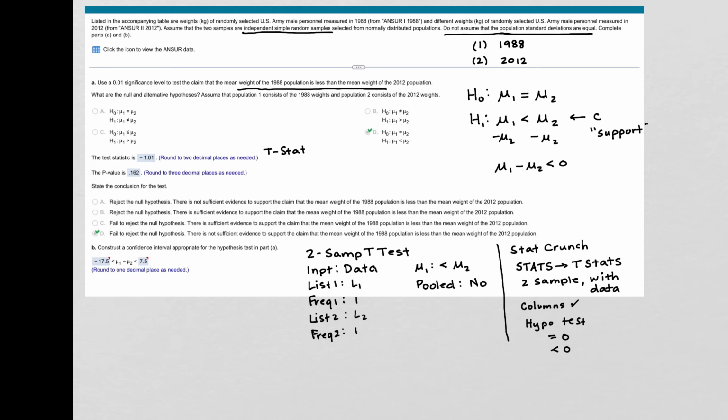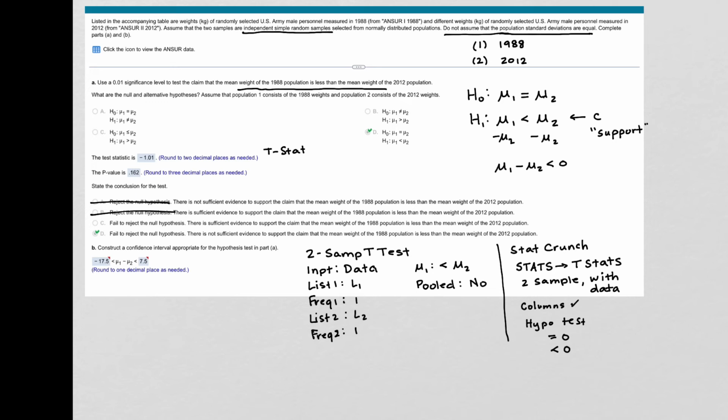That would tell me to fail to reject the null hypothesis. Or I can use the p-value, and that's larger than alpha. So again, I would fail to reject the null hypothesis. So I know A and B are wrong, and now I want to say there is not sufficient evidence to support the claim, because we didn't reject the null hypothesis. So that means that we don't have enough evidence to support the alternative.